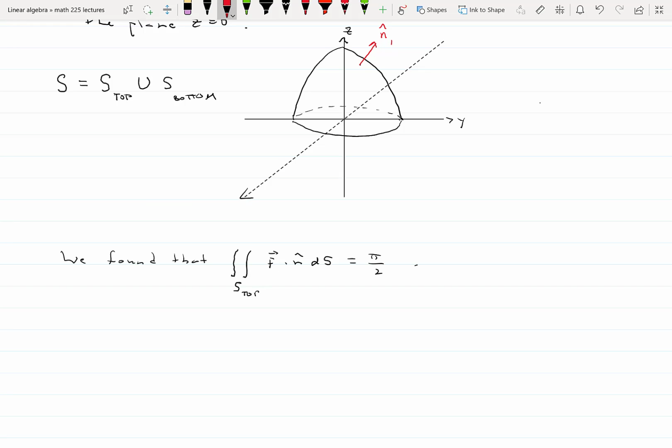So now let's figure out the flux through the bottom of the surface. This is very easy. We're going to need a downward normal. So let me redraw. N2, well, what's N2?